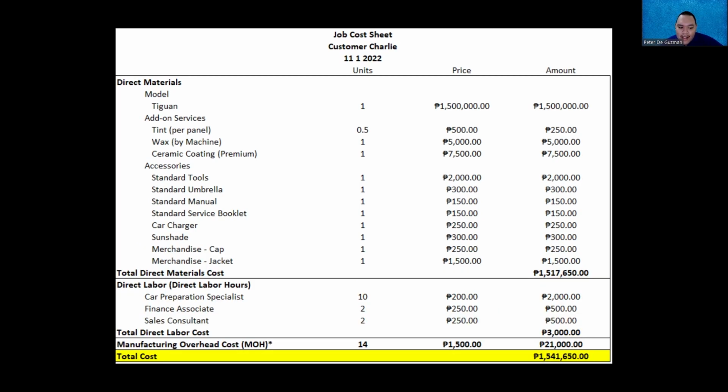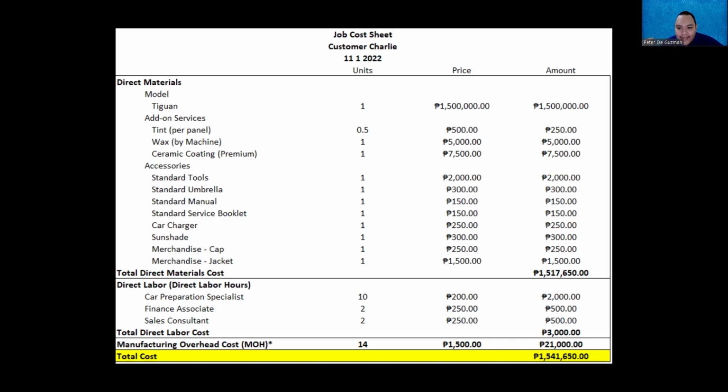Oh, so as we see here, it only took the sales consultant 2 hours to complete the transaction with customer Charlie. Why just 2 hours? Well, it could be said that perhaps the client had the cash on hand, and the client was fully decided as to which vehicle he was planning to buy.